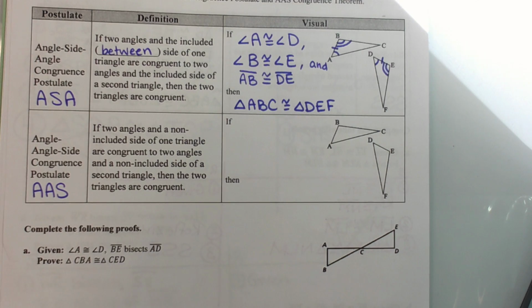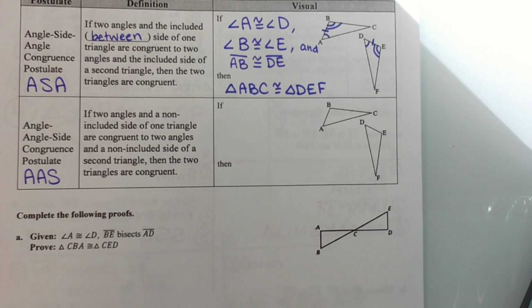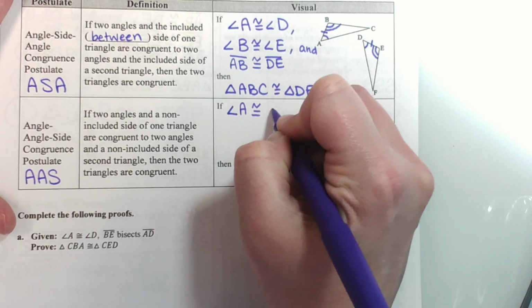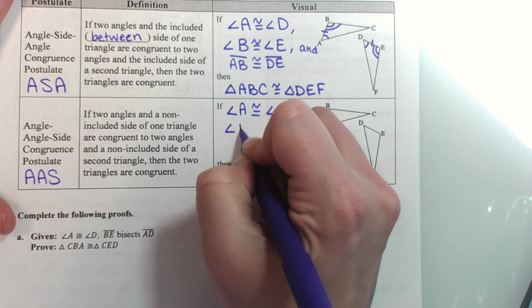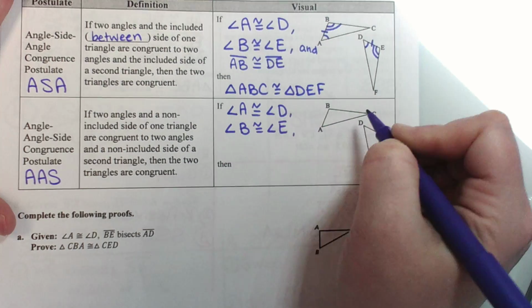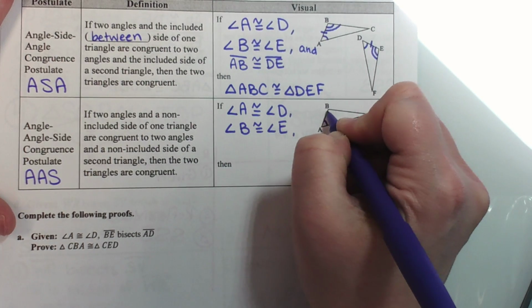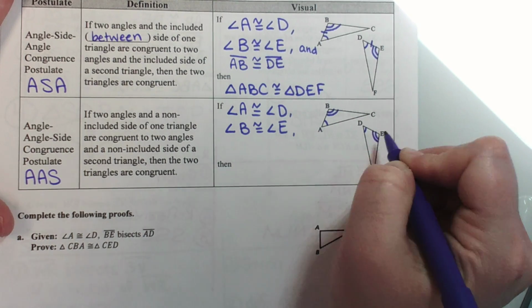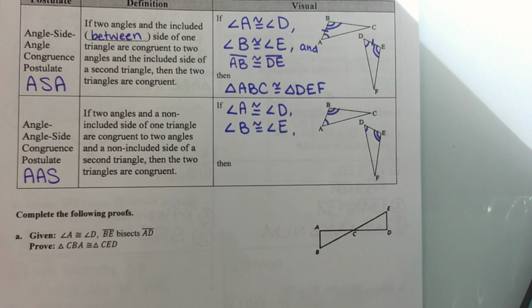Angle angle side is very similar. It also has 2 pairs of angles congruent, so it starts off the same way. Angle A is congruent to angle D, as well as angle B being congruent to angle E. The difference between angle side angle and angle angle side is where is the side located as compared to the angle.